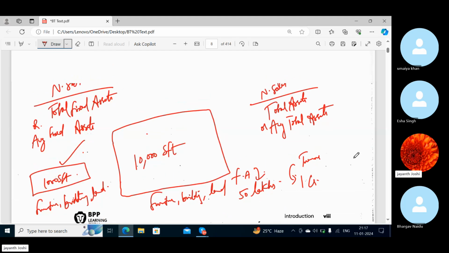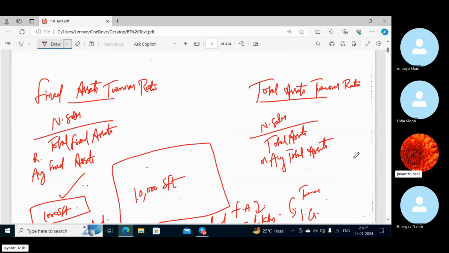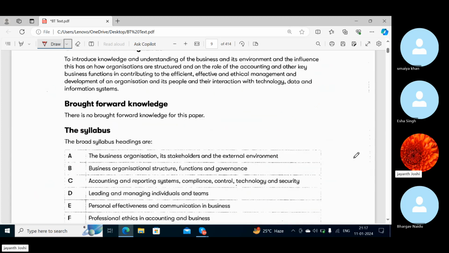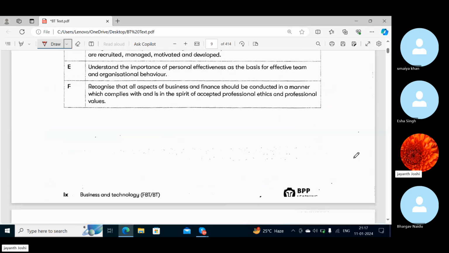Now we'll go for the next ratio, that is total assets turnover ratio: net sales by average total assets. In total assets, we would take the current assets and non-current assets both, that is, current assets and tangible assets.